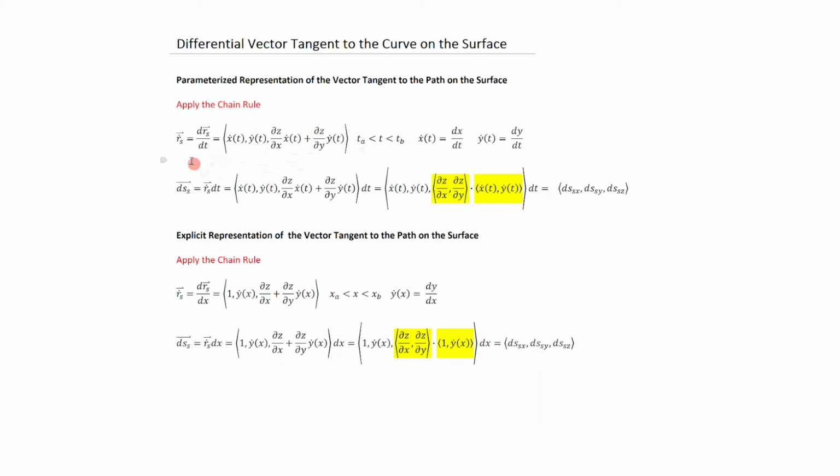The chain rule would be dz/dx times dx/dt, plus dz/dy times dy/dt. Again, x dot is dx/dt, y dot is dy/dt. If we're interested in the arc length, then effectively we're just looking at the arc length vector, and it's just multiplying through by dt. In that case, the expressions are identical, the only difference being that it's multiplied by dt.